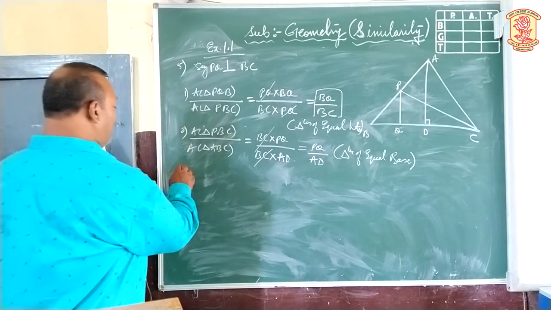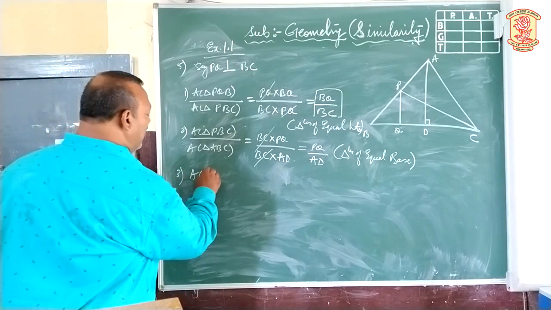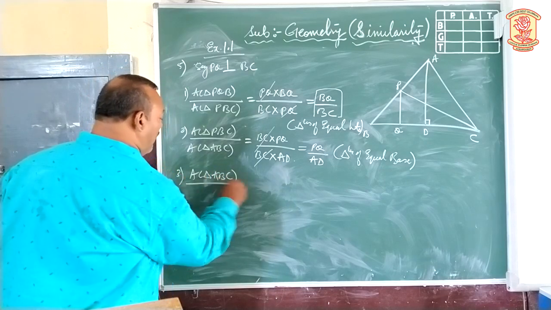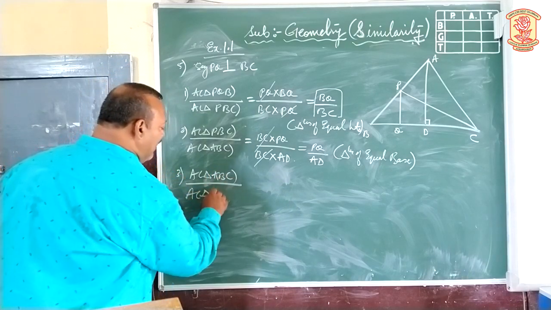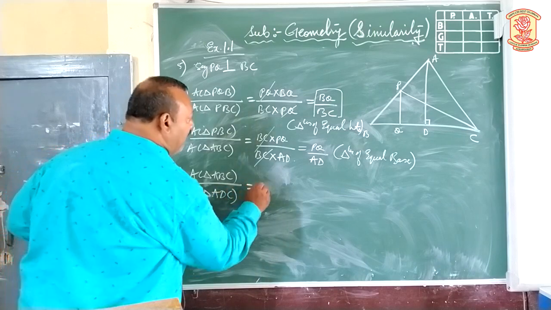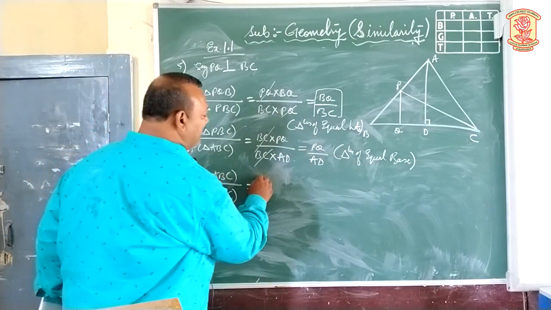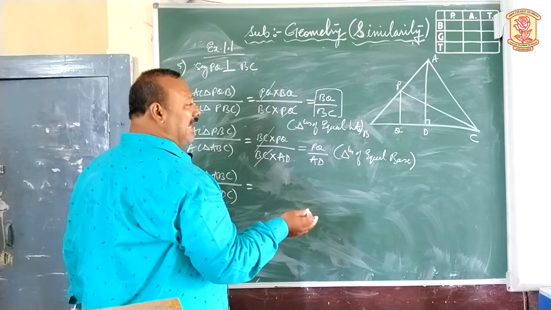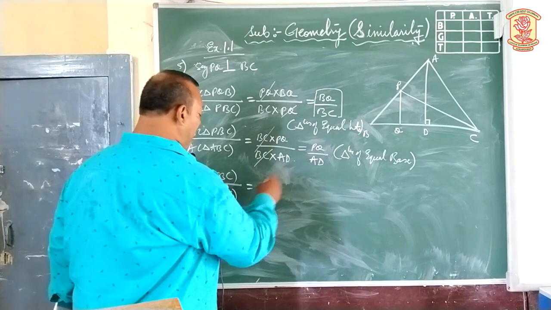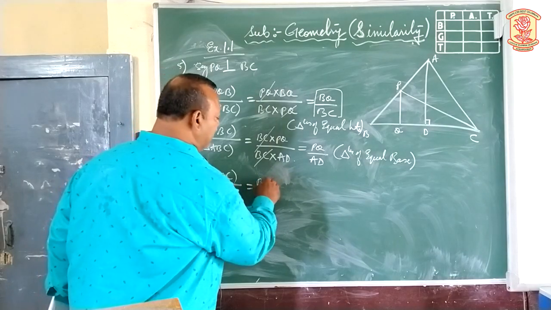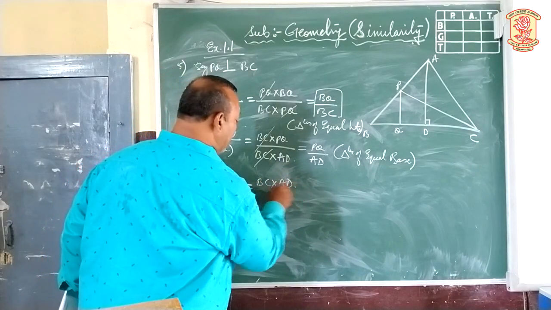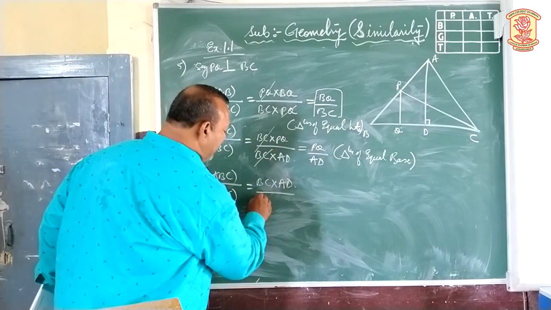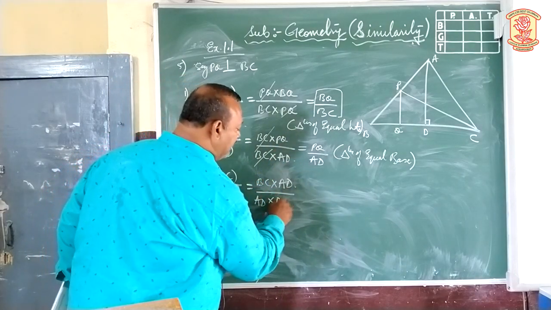Third ratio: area of triangle ABC upon area of triangle ADC. Again, half into base into height, but half and half are common in both. Therefore, cancelling that, we consider base into height. In ABC, base BC, altitude AD. In ADC, altitude AD and base DC.